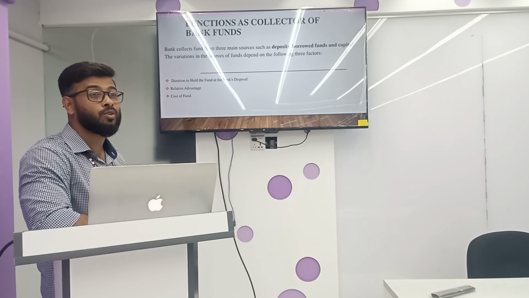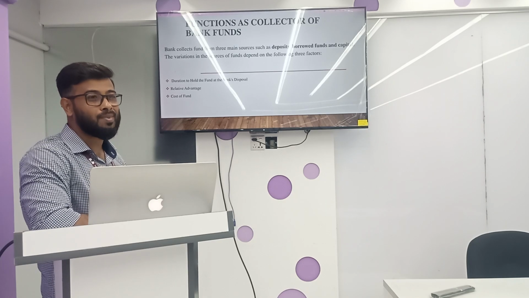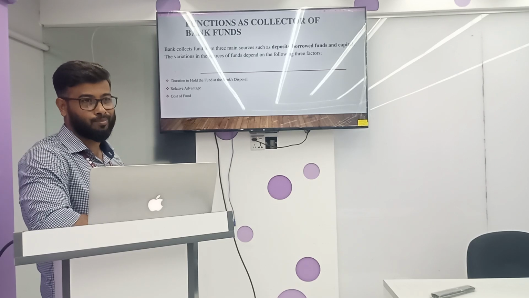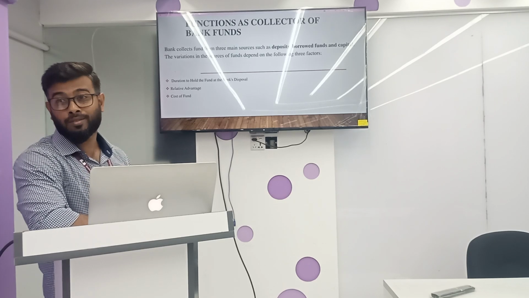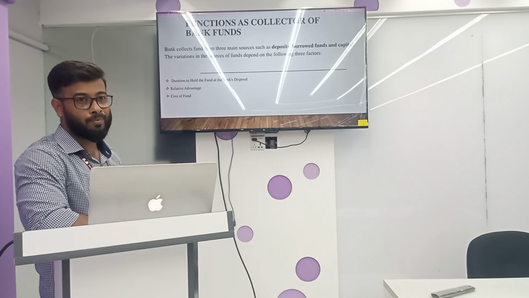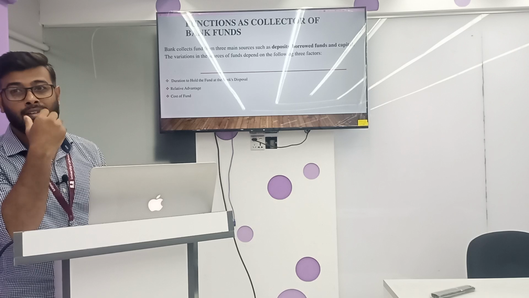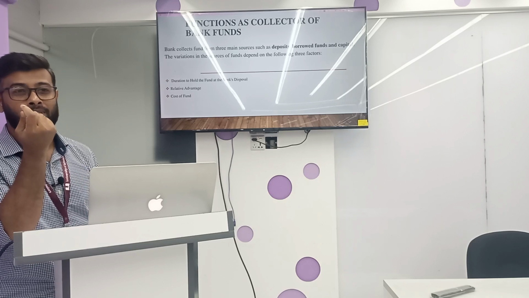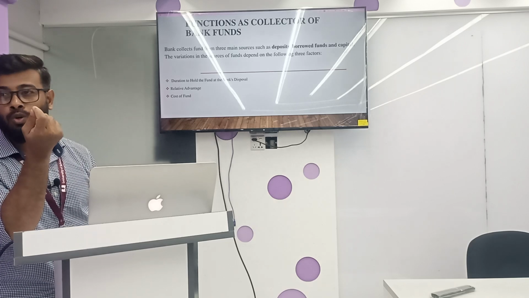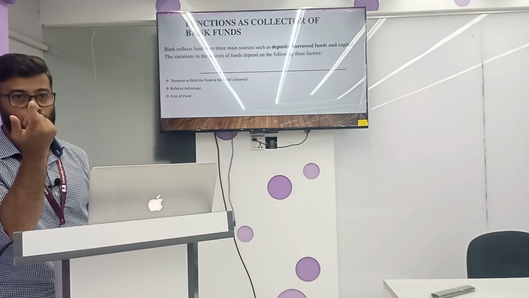What will be the cost of equity financing? Dividend payment, right? If you collect the fund from equity financing, then you need to pay dividends to your shareholders.